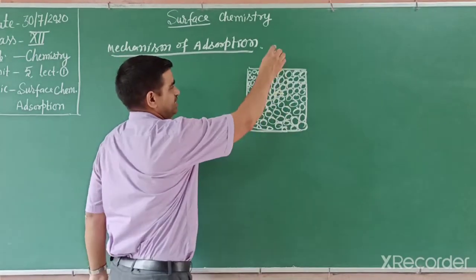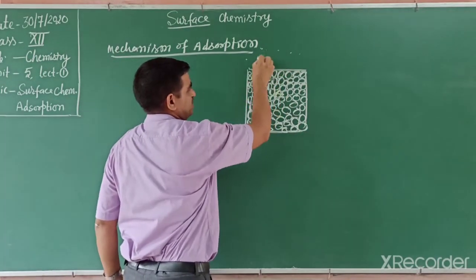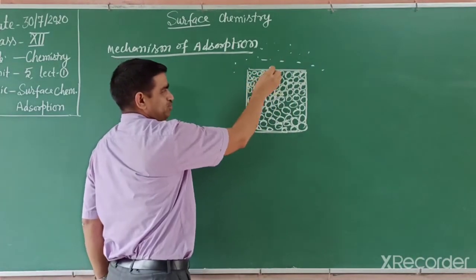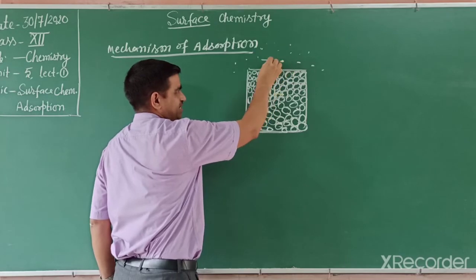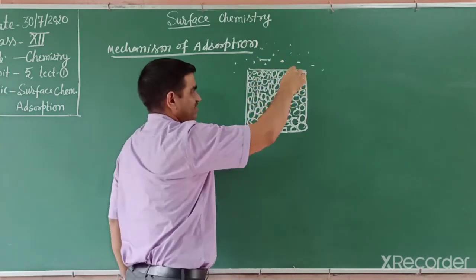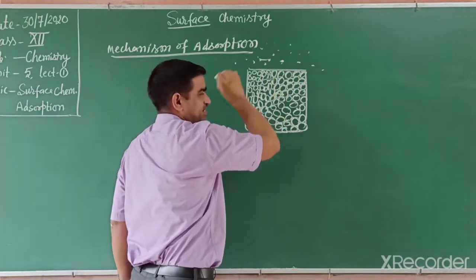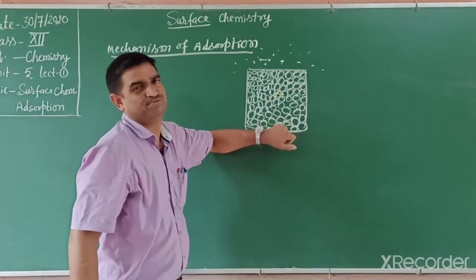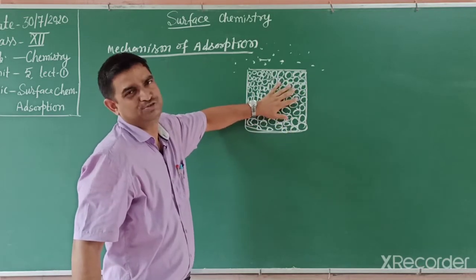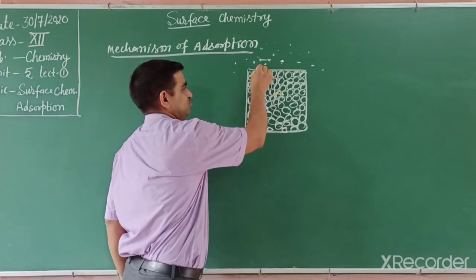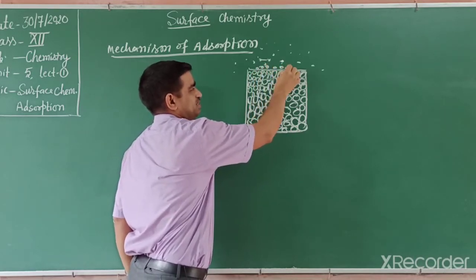So if any gas is present in the atmosphere, then what happens? These gaseous molecules or any other matter are attracted to this surface, because the surface has unequal force. Inside, the forces cancel each other, but on the surface they do not.